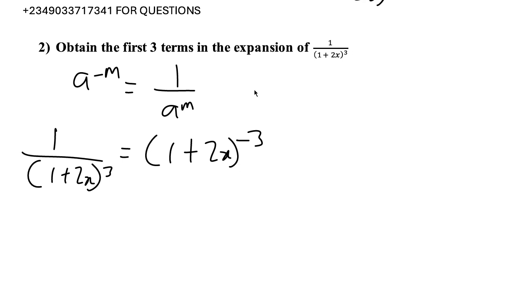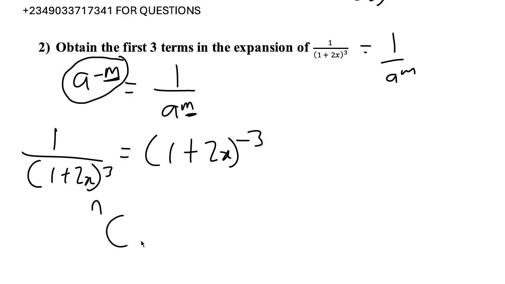Because according to this, in this case, it was expressed as 1 over a to the m, right? So in this case, m is 3 because it was raised to 3. And then we can write it as a to the power negative of that m, which is 3. So, using the binomial expansion, we now have n combination 0. You don't put negative 3 first, right?